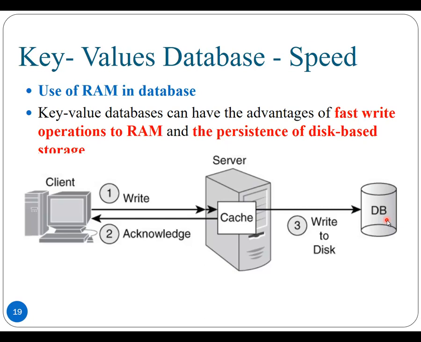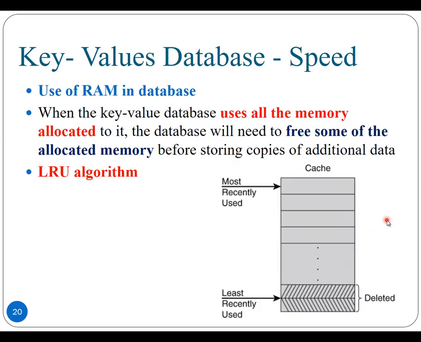That's a method for having faster operations in the key value database. One issue about this method is that sometimes all of the memory is allocated. All of the memory that we have is allocated.